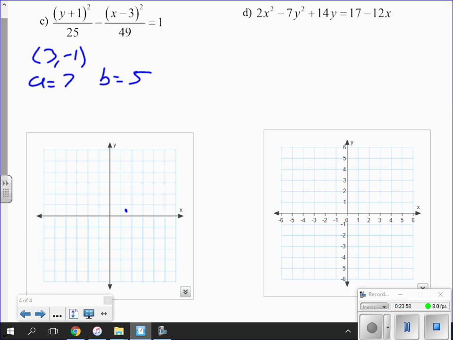So let's see, 3 + 7, that'd be 10. 2, 4, 6, 8, 10. Yep. And then up and down 5, so 1, 2.